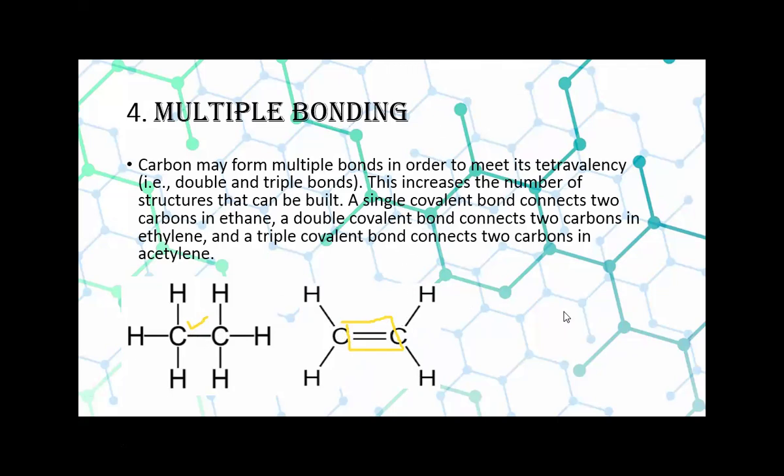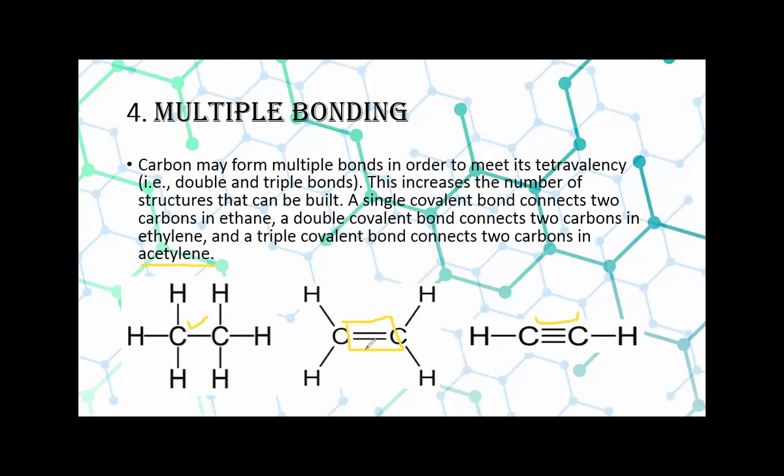Now, a triple covalent bond connects two carbons in acetylene. This is the structure of acetylene, in which a triple bond is formed between the carbon atoms. So here we can see that carbon can make multiple bonding, either single, double, or triple.